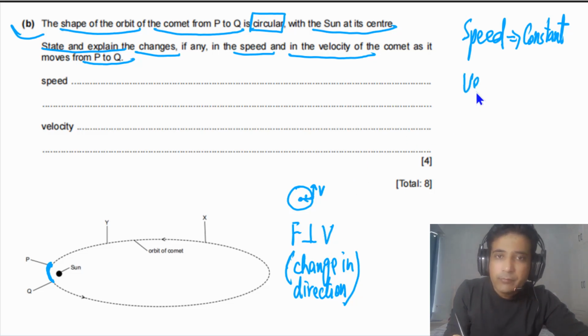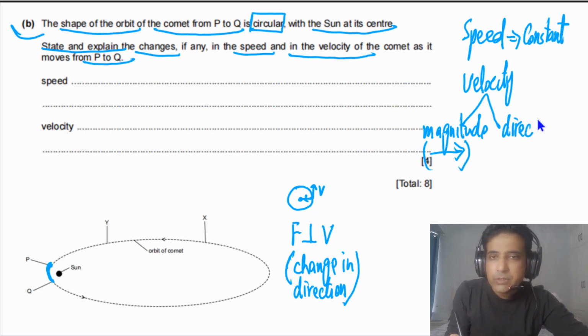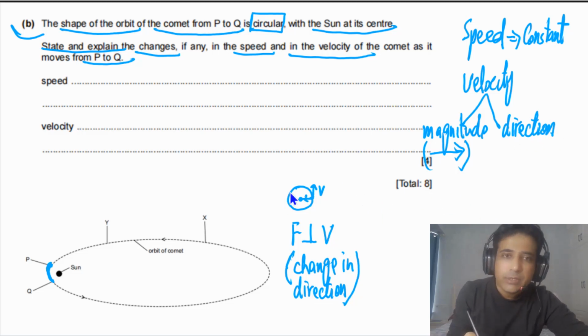Now the velocity of the comet depends on the magnitude of the velocity, but in this case magnitude is constant, and direction of the velocity is changing continuously in the circle.